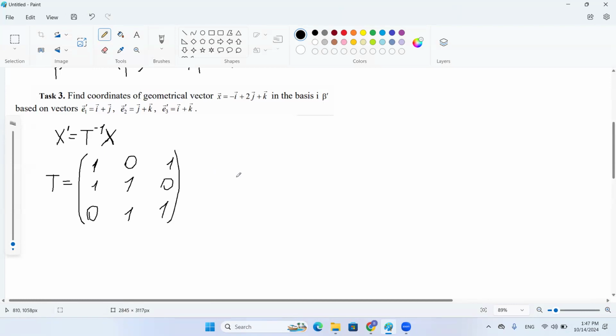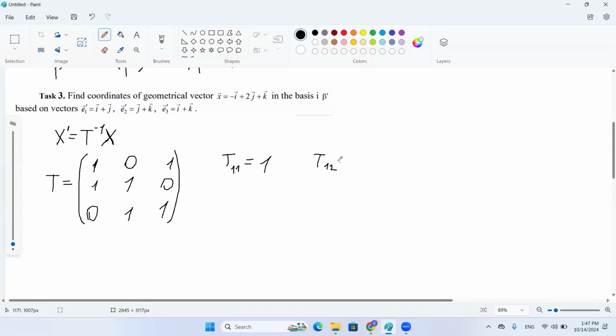And now let's find cofactors. For now, not A, but T, of course. So 1, 1, yes. Minus 1 in power of 2, so just 1.